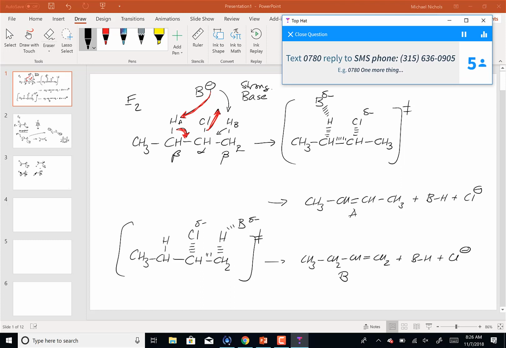So on Monday, if this was E1, which one would be the major product, A or B? And I'm looking for 100% correct.